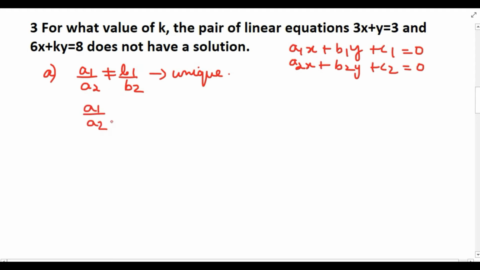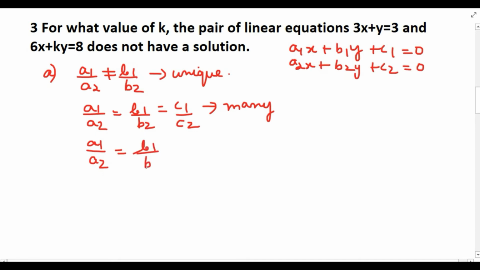If a1 by a2 equal to b1 by b2 equal to c1 by c2, then it has many solutions. And if a1 by a2 is equal to b1 by b2 not equal to c1 by c2, then we can say that it does not have any solution.